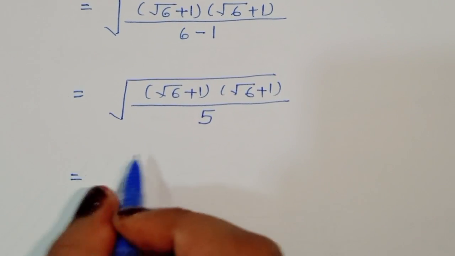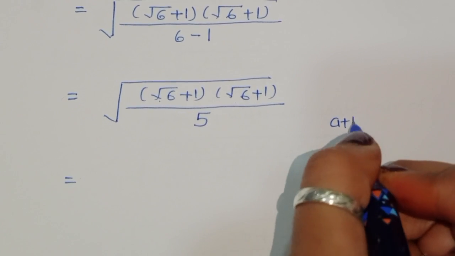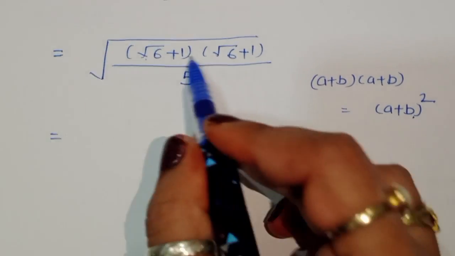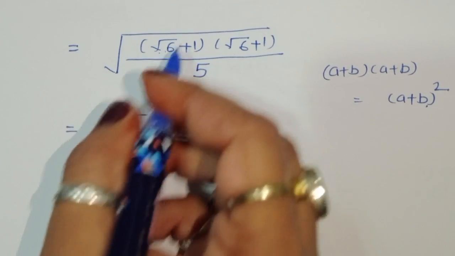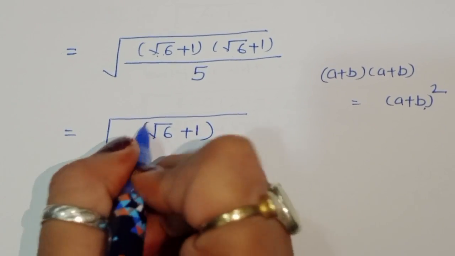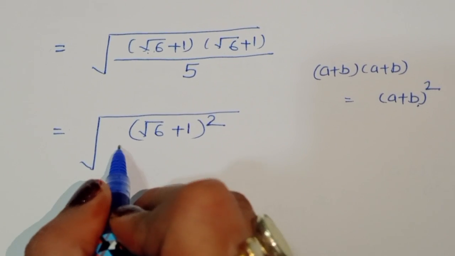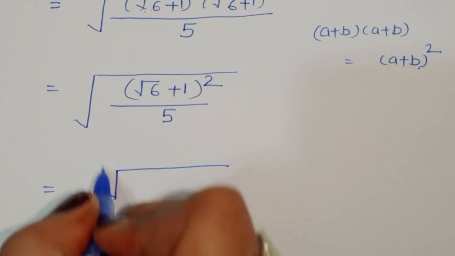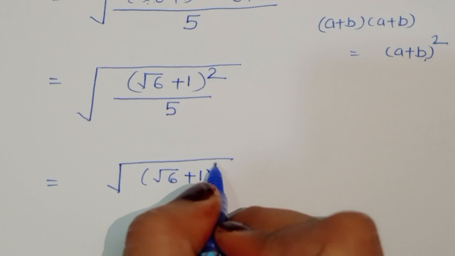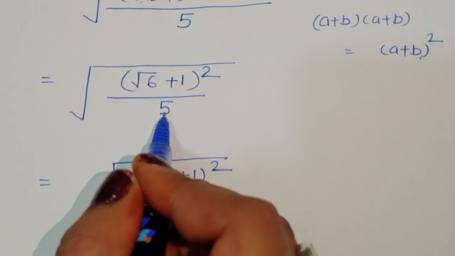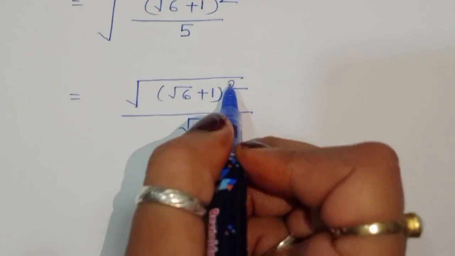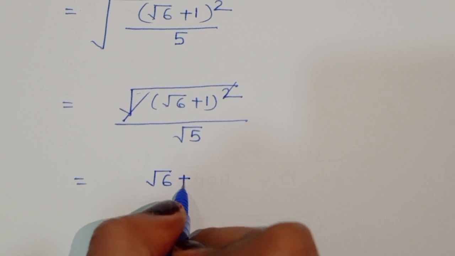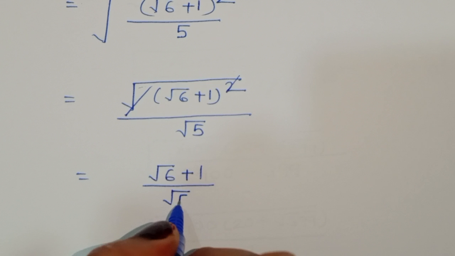Now a plus b times a plus b is a plus b whole square, so we write square root of 6 plus 1 whole square divided by 5. Separating the square root of 5, the square cancels the square root, and we get square root of 6 plus 1 divided by square root of 5.